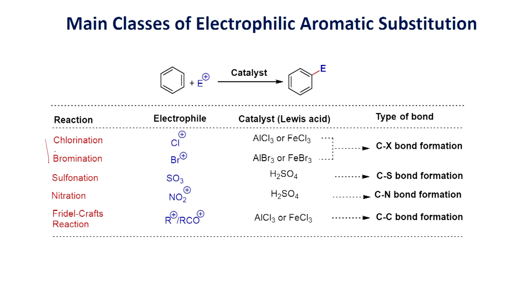Here an example is shown for the halogenation reaction. These are the electrophiles. For example, in chlorination, Cl plus acts as an electrophile, and this reaction is usually carried out in the presence of a Lewis acid like aluminum chloride or FeCl3. The chlorine has a lone pair, and with the Lewis acid, aluminum chloride, you will be able to form the activated electrophile.